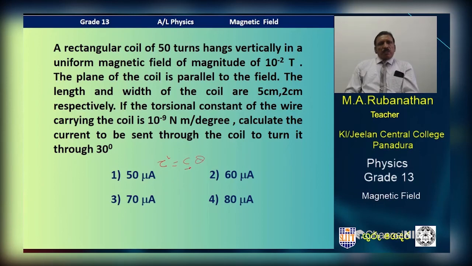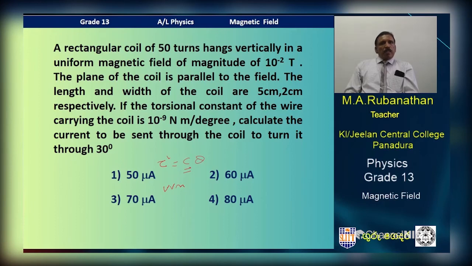So this is the torsional constant, the unit is Newton meter, and this theta is always the angle. Normally we take this angle in radian, here they put it in degree. That's why here the unit is Newton meter per degree.